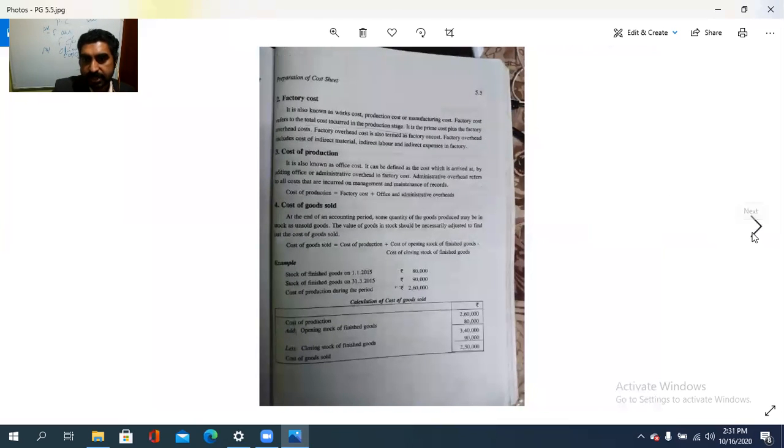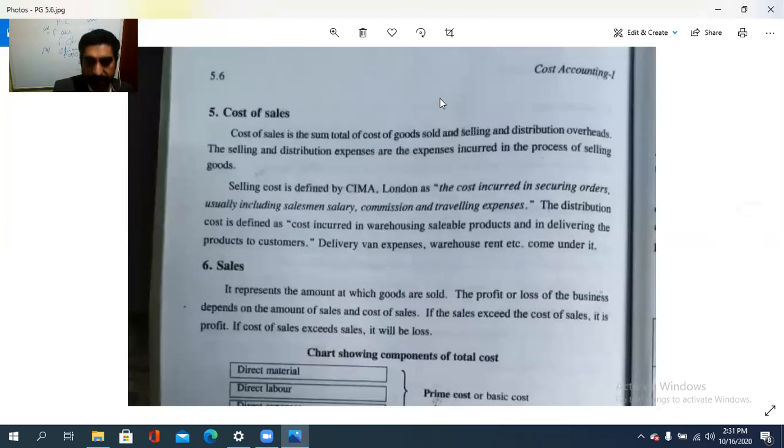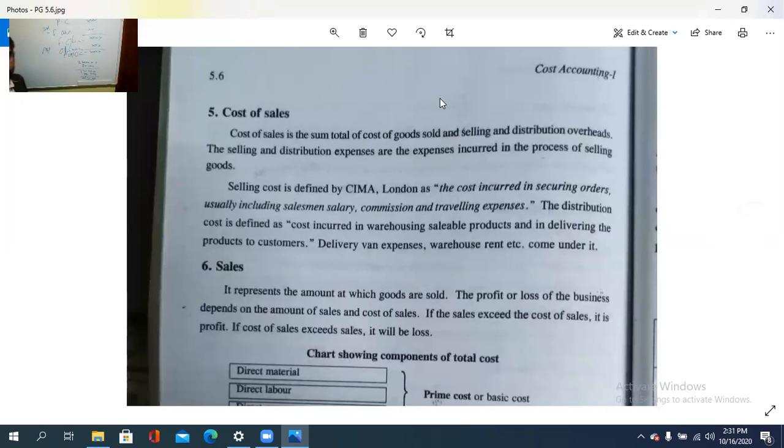Then next, cost of sales or total cost. Cost of sales or total cost means the sum total of the cost of goods sold and selling and distribution overhead. So cost of sales, COS or TC, means what is that? We will need to add to the COGS plus what is that?